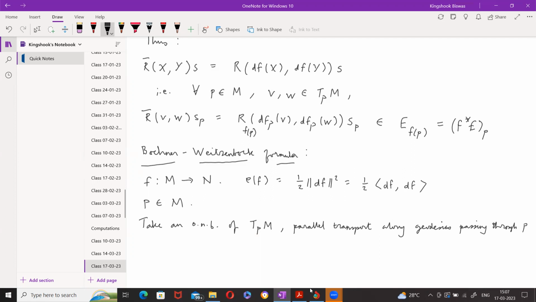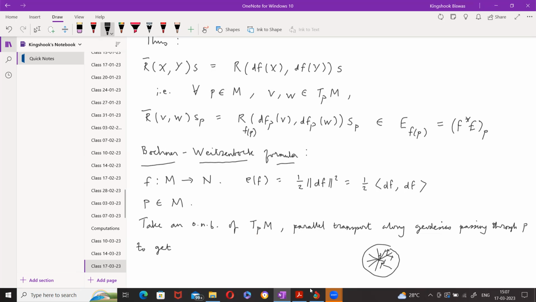So you take a geodesic ball around p, and I take all the geodesics passing through p. I have my orthonormal basis here, and you parallel transport it along all these geodesics. That will give you n vector fields, which form a basis of the tangent space at each point.